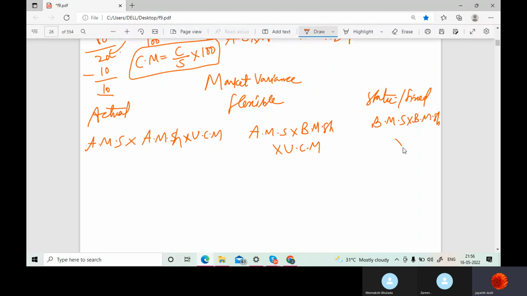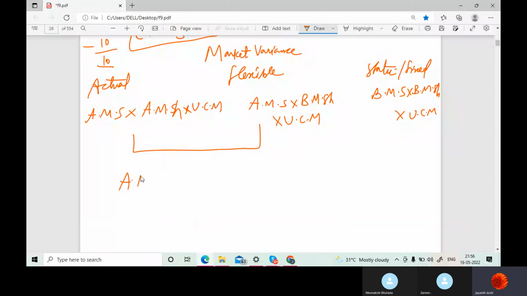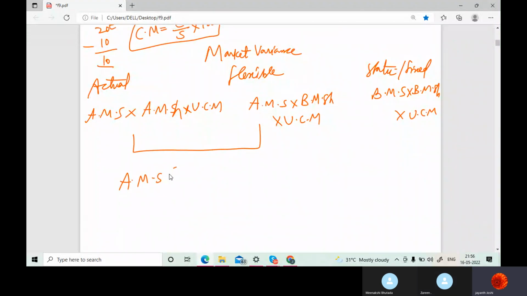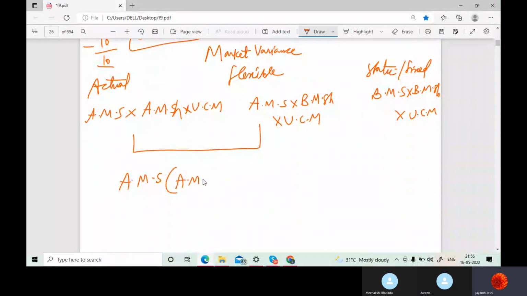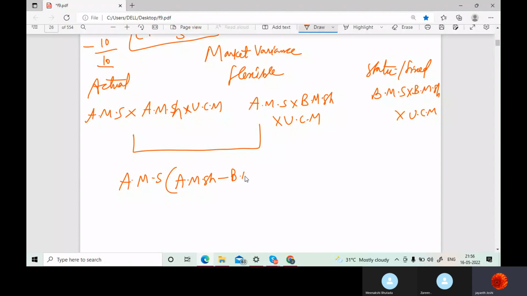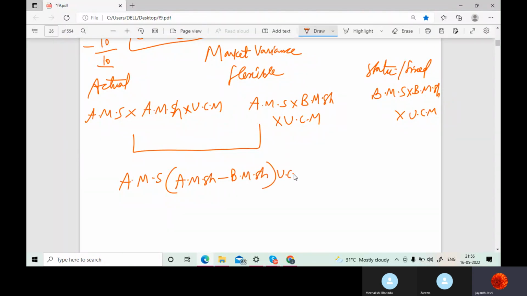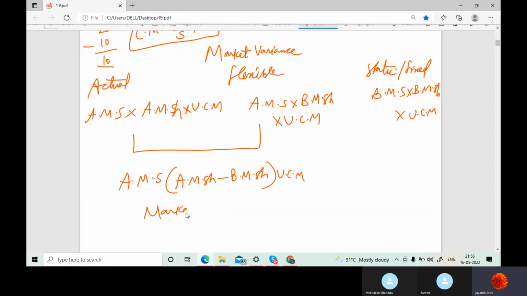Now, in this, what would come common? Size would come common. So this is market share variance: actual market size into actual market share minus budgeted market share into unit contribution margin. This is market share variance.